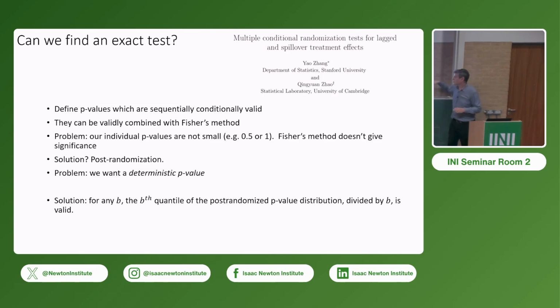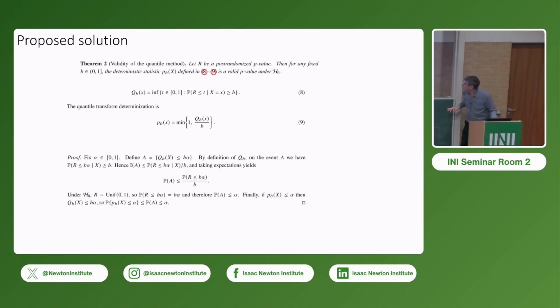So in other words, twice the median, or 10 times the 1/10th, the 10th percentile, or 100 times the first percentile of the post-randomized distribution. That is a valid p-value, and there's a proof here that I'm not going to be able to explain on the fly, but it's in a preprint that hopefully will be uploaded very soon.